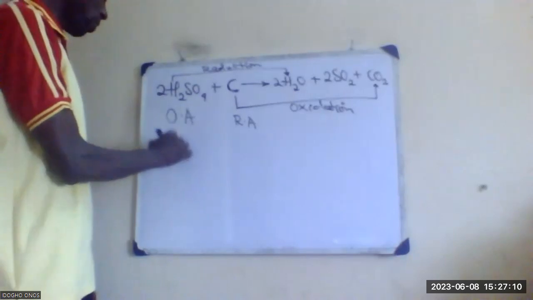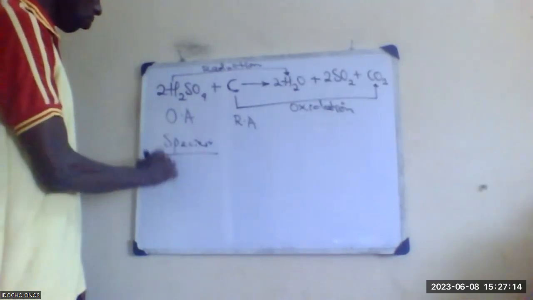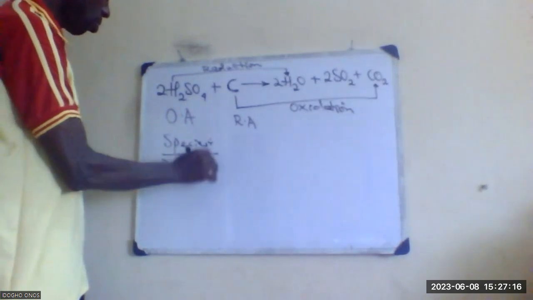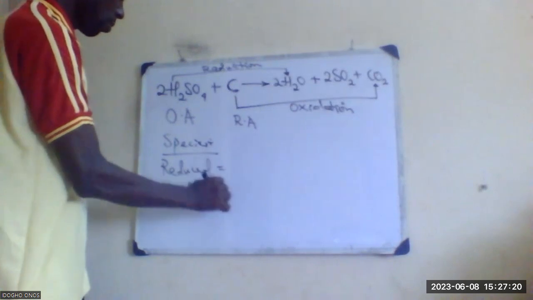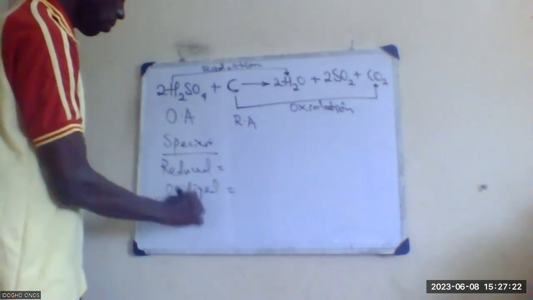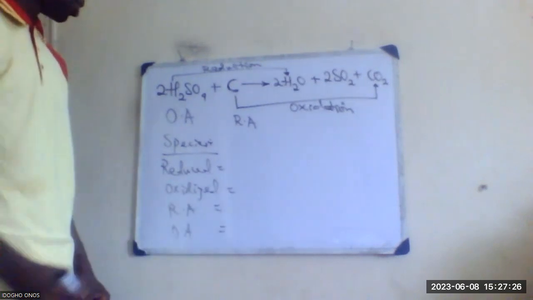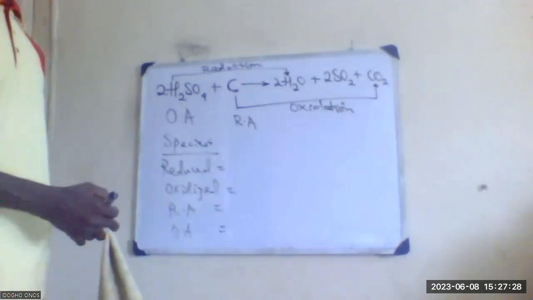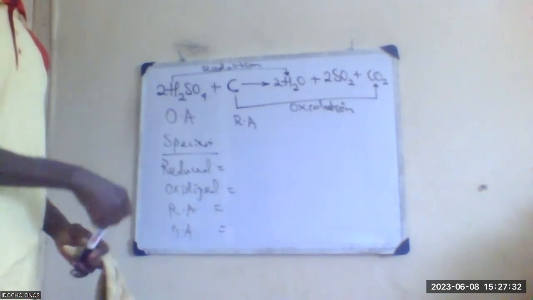So if you care to write, you can just write here: species reduced, species oxidized, RA, OA. So which species is reduced?